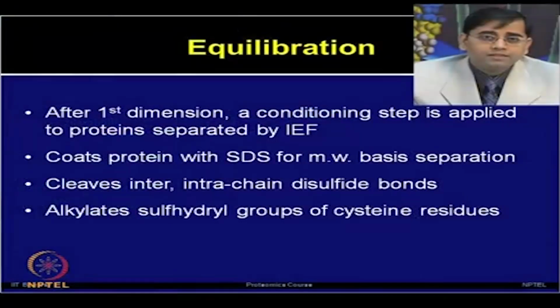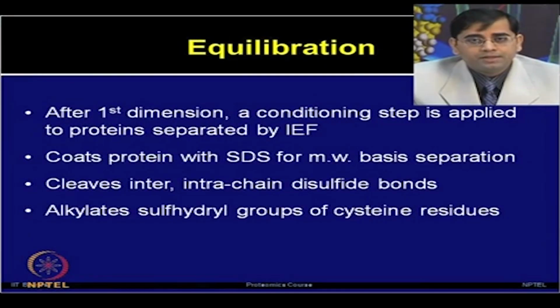After the first dimension separation is done, you need to coat the protein with SDS to make it compatible for SDS page. SDS, sodium dodecyl sulfate, is an anionic detergent, and it provides negative charge later on for separation in the electrophoretic field.